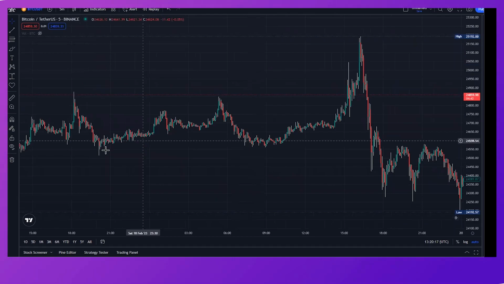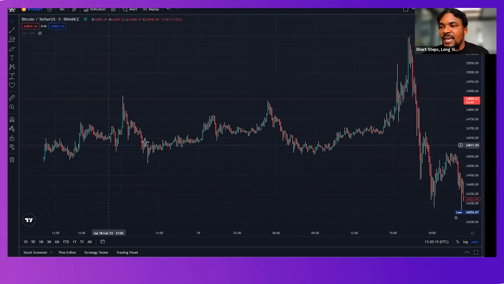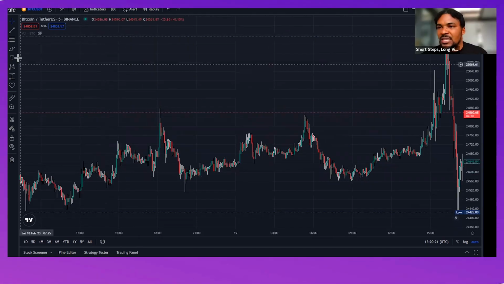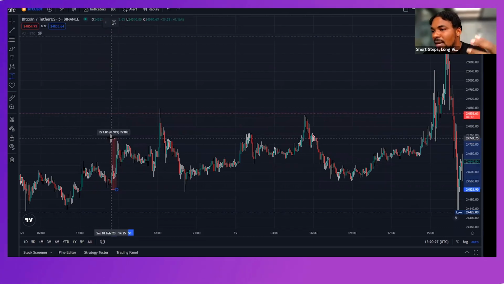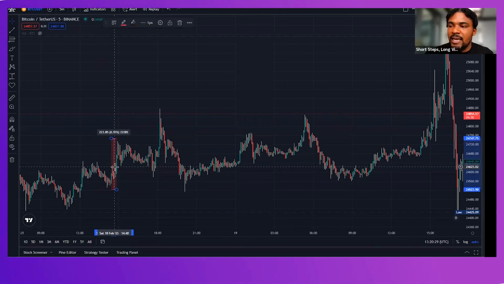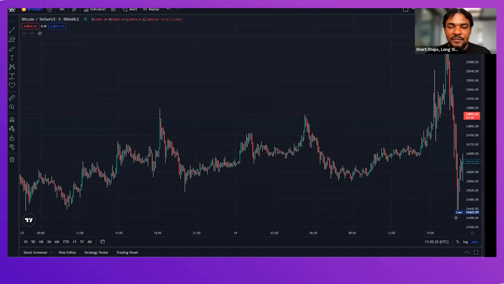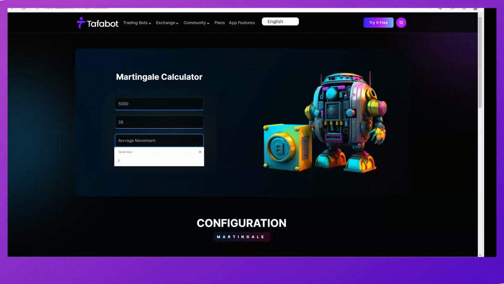If we keep looking through the data of every time Bitcoin has formed a range, trying to identify the average movement that has happened, we're still within a 1% range. So we can say we want to create a BTC Martingale following an average movement of about 1.3%.